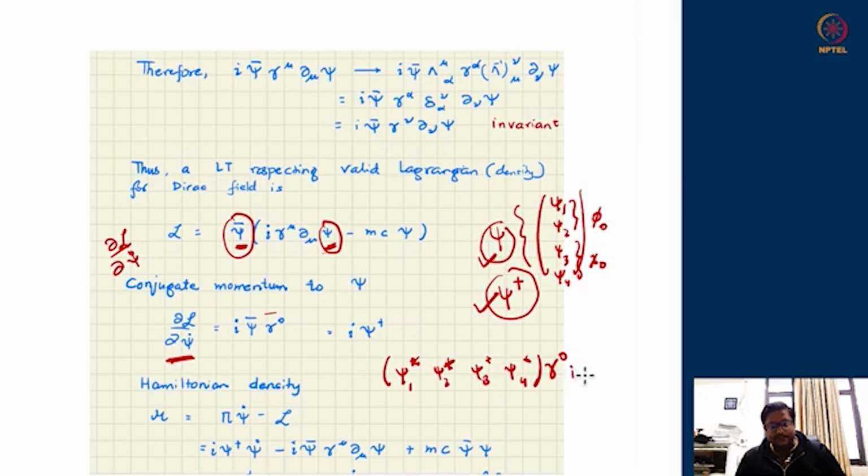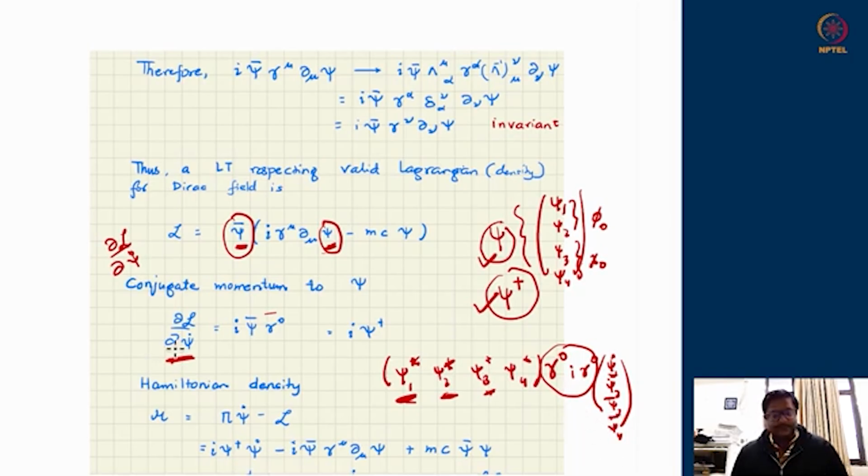The derivatives of psi will be psi1 dot, psi2 dot, psi3 dot, psi4 dot. So after all the multiplication there will be a term psi1 star going with psi1 dot, with the multiplication of these things in between giving you identity. Actually it will not do anything. Iota can be taken out, gamma naught square is identity. So psi2 star will get multiplied with psi2 dot, psi3 star with psi3 dot, and so on and so forth.